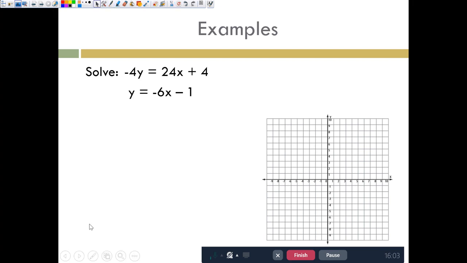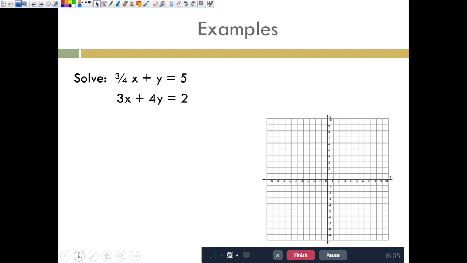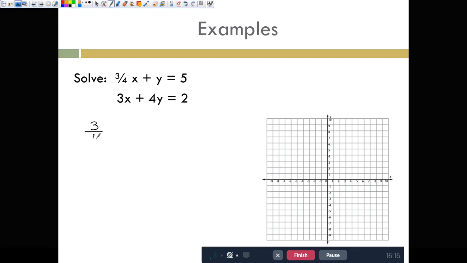Okay, and then this one, we need to get them both into the proper form. Y equals mx plus b. So on my first one here, I have 3/4 x plus y equals 5. So I'm going to subtract 3/4 x from both sides. So I have y equals negative 3/4 x plus 5.